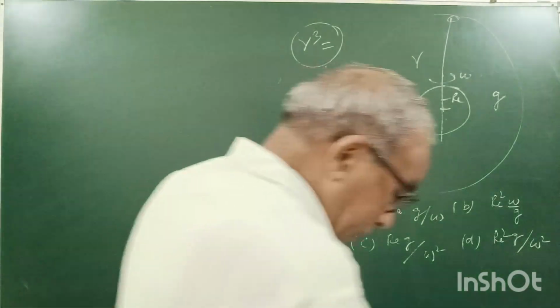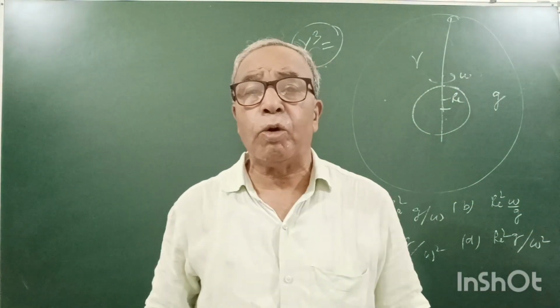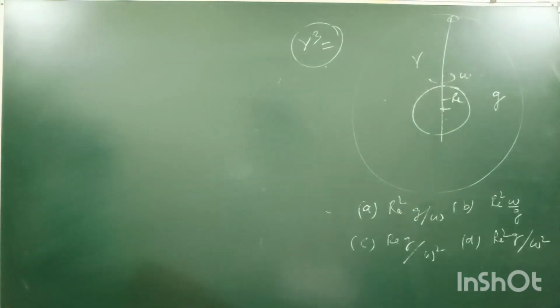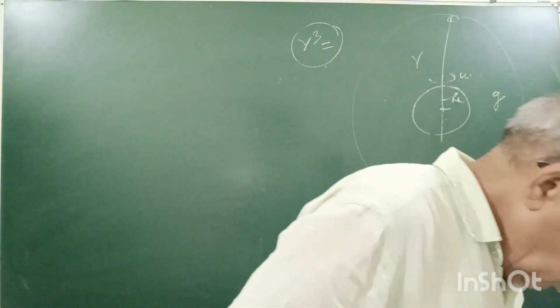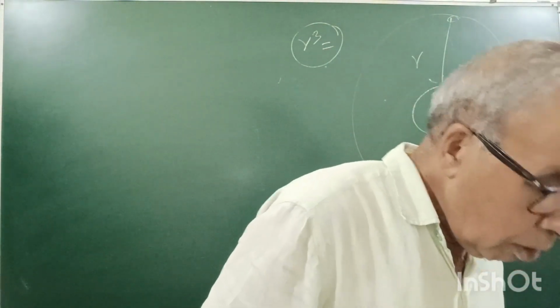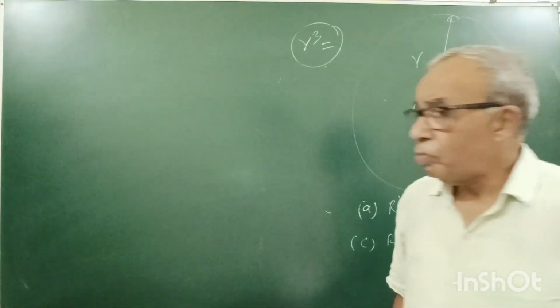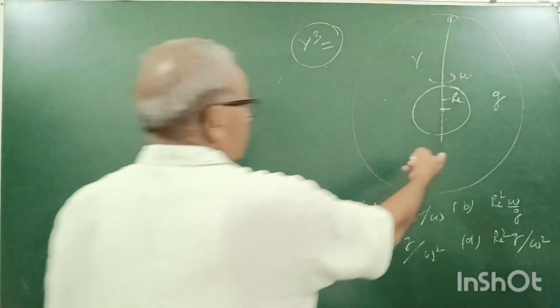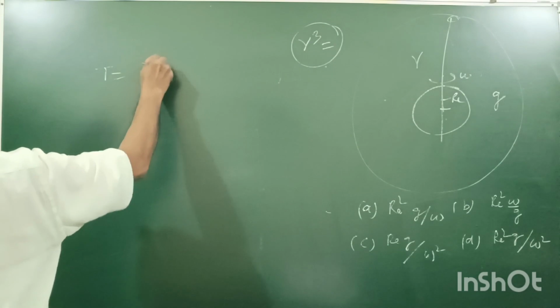Which one is that? Which satellite is called a geostationary satellite? A satellite whose time period is equal to the time period of Earth. If omega is the angular speed of Earth, then the time period T equals 2 pi upon omega.